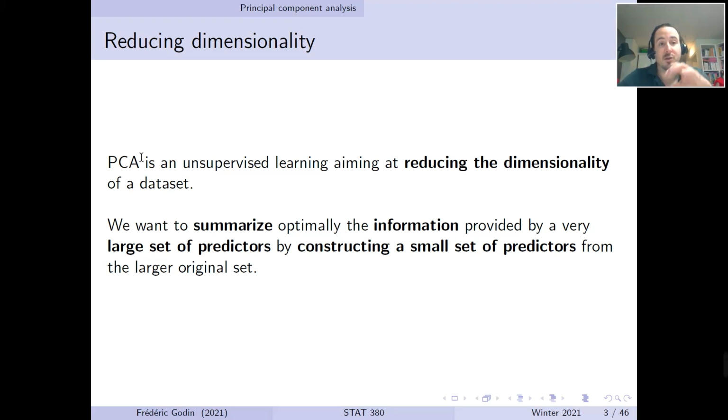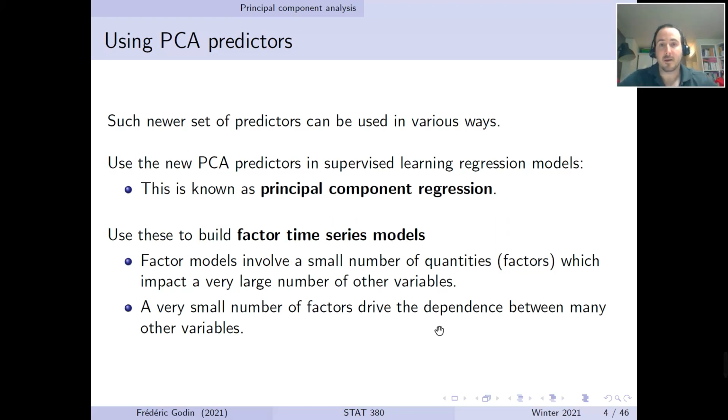Okay, so we'd like to summarize the information provided by a very large set of predictors into a smaller set of new predictors that we can construct from the original ones. These new predictors, which would be less numerous, can be used in multiple ways.